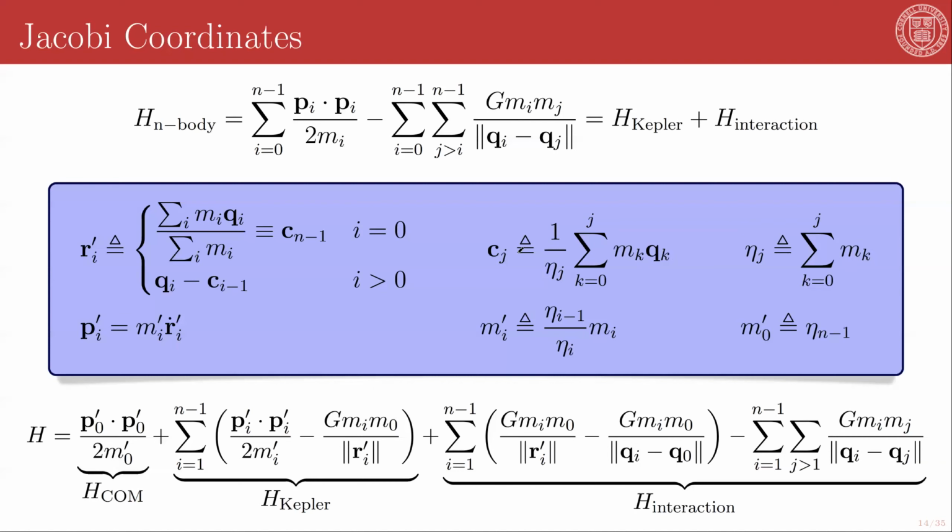C sub j represents the center of mass of all of the bodies with index up to j. So c of n minus 1, being the last of these, represents the center of mass of all of the bodies in your system.